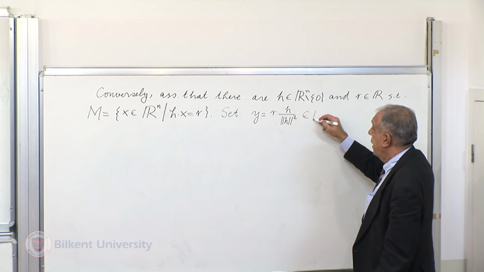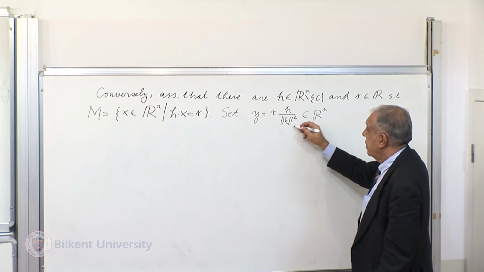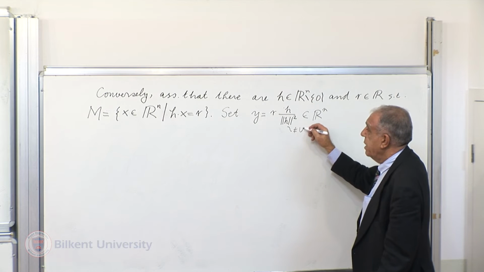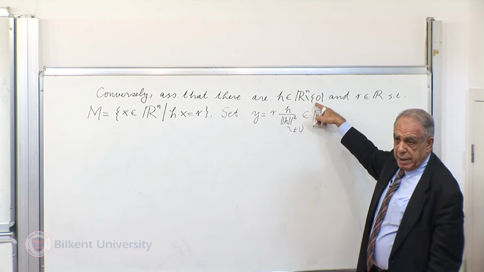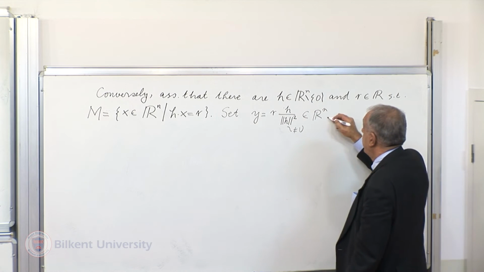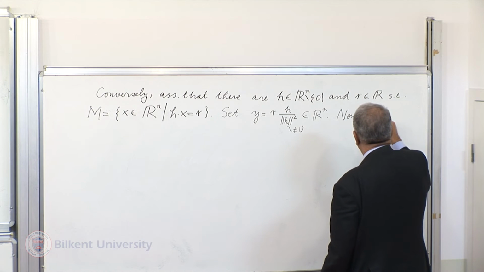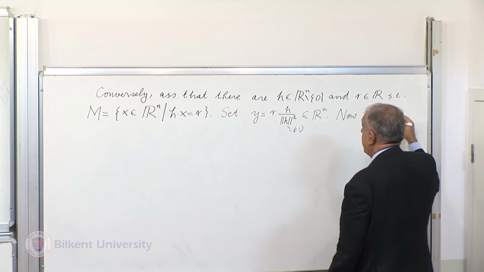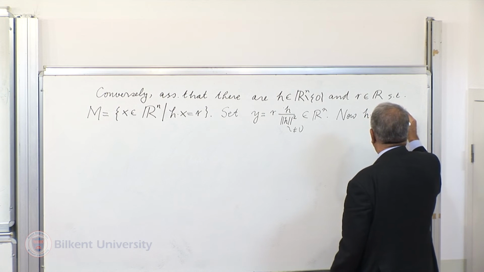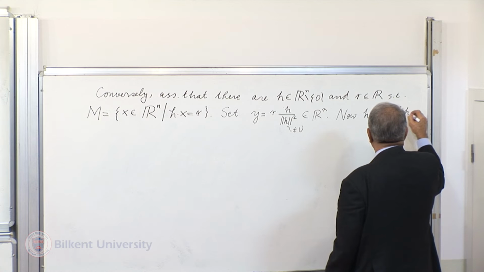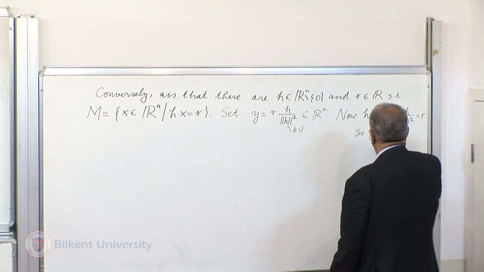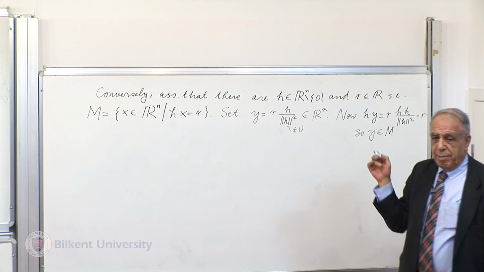This will be in Rn because this will be different than 0 since h is a non-zero vector. Now, h dot y will be r times h dot h divided by the norm of h squared, that's r. So y is in capital M. It's not empty.